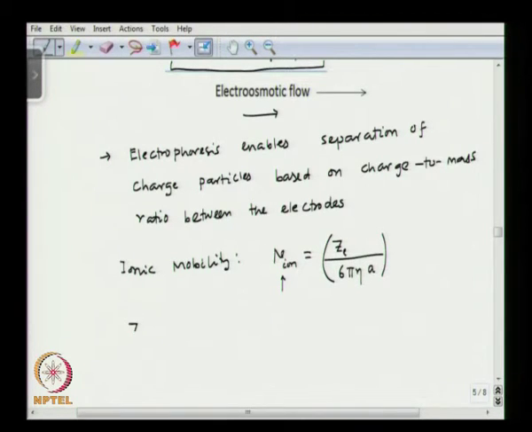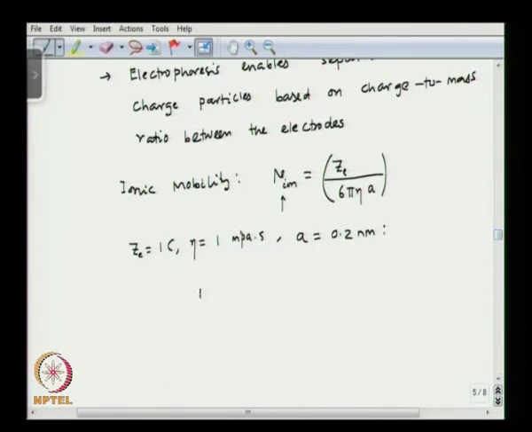Let us say the charge is 1 coulomb, okay, and the viscosity is 1 millipascal second, and if the radius of the charged particle is 0.2 nanometer, the ionic mobility is about 4 into 10 to the power minus 8 meter square per volt second.